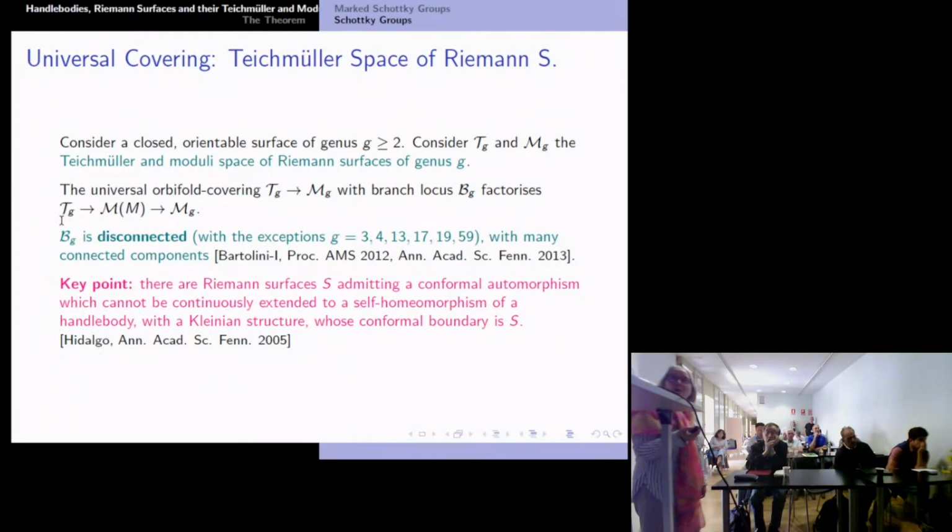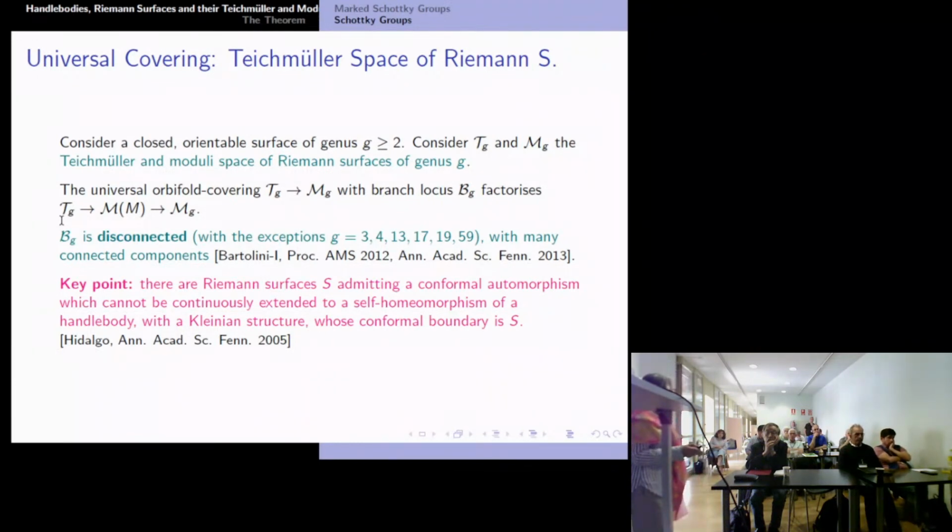It means one thing, that the branch locus here, since it has to be connected, maps onto one of the connected components of the branch locus of the Riemann surfaces, of the moduli space. And in fact, we know which, as you will realize when I show the moral of the theorem, that in fact it has to map onto the branch locus containing automorphisms which are involutions, so the surfaces that admit involutions.